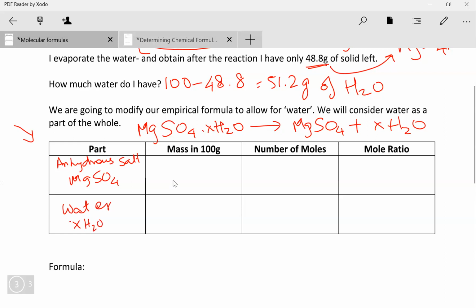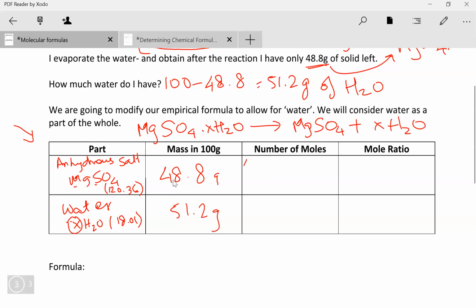So again, this is the mole ratio that's given over here. We're only going to calculate the molar mass of water, and put that in brackets just in case. The molar mass of MgSO4 from the periodic table is 120.36, because we're adding 1 magnesium, 1 sulfur, and 4 oxygen. We are given the masses in 100 grams to be 48.8 and 51.2.